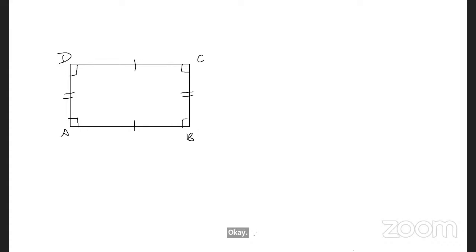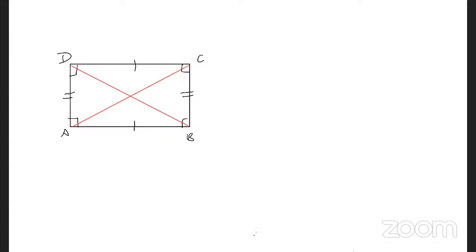Opposite sides are parallel and equal, and all angles are equal, 90 degrees.